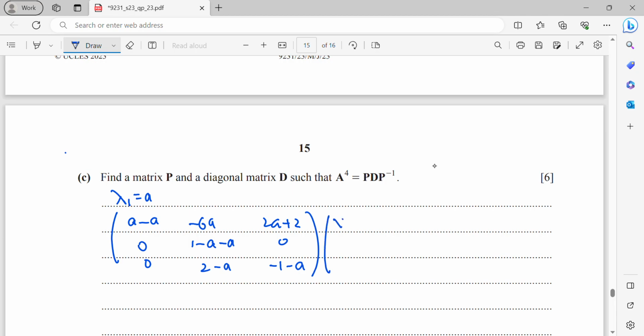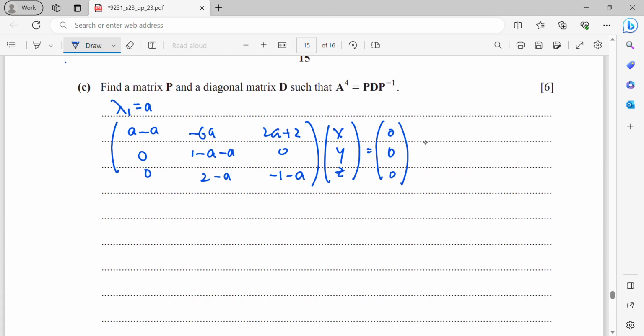Okay, multiply with the matrix XYZ, or I would say that it's vector, and equals to all zeros. It's a 0 vector. Okay, so from here, I need to form three equations to solve it. So A minus A is basically 0. Then minus 6A, 1 minus 2A, 2 minus A. You are getting this matrix.